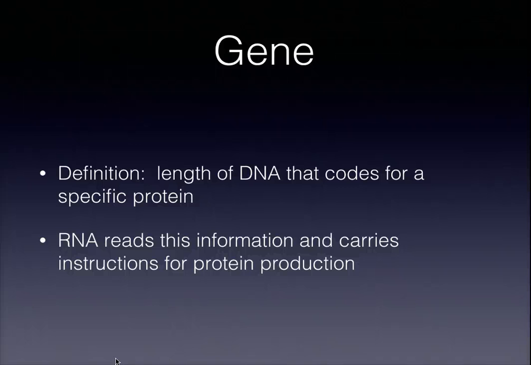Okay, so again, there's going to be a length of DNA or a series of base pairs, and that sequence or length of DNA then goes on to code for a specific protein. Now, as we mentioned, the DNA is in the nucleus. So what RNA can do is it can read that specific gene or specific length of DNA and carry that information out to the cytoplasm for protein production.